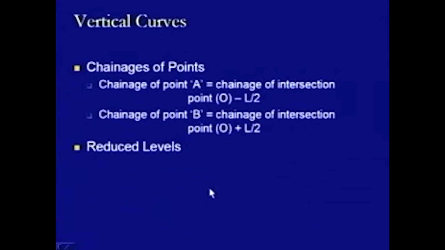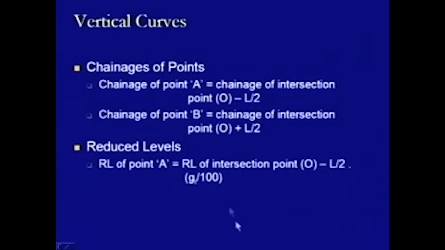Then the other thing to be done is to find out the reduced levels or the elevations of different points along this curve. In this case, the RL of point A is the RL of intersection point O minus the distance multiplied by the grade, that is L by 2 multiplied with G1 divided by 100.